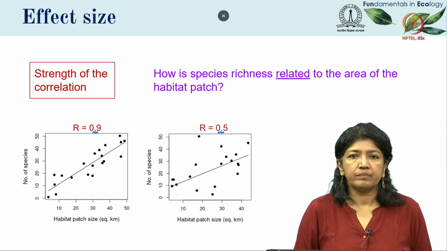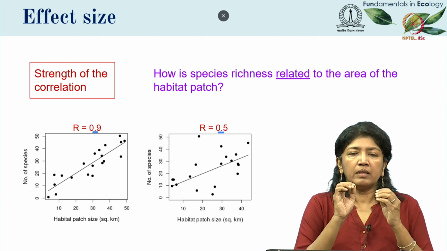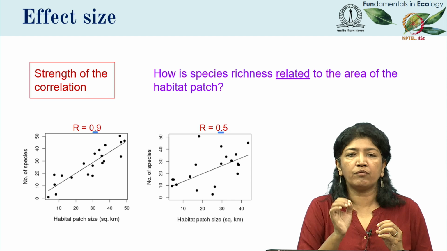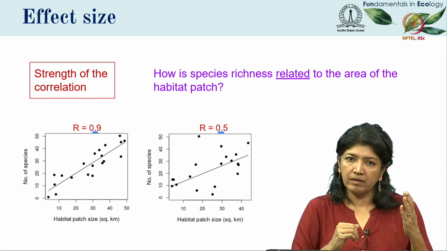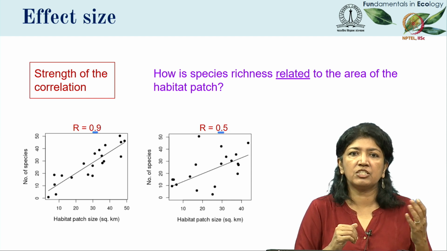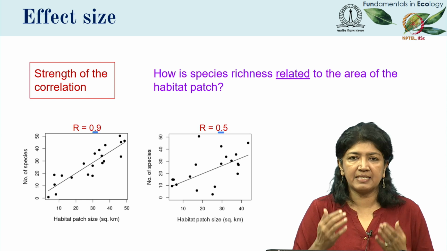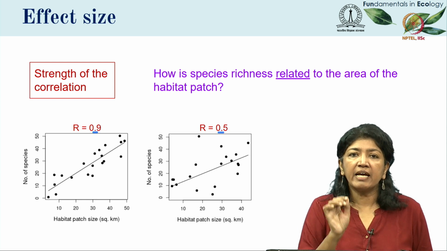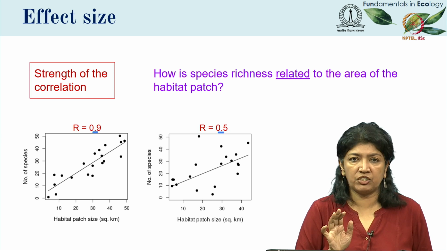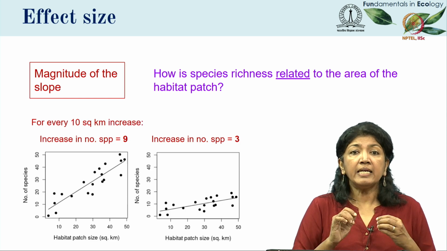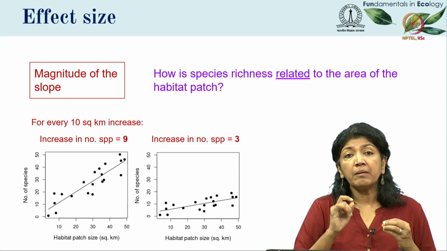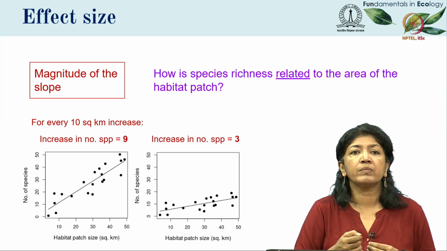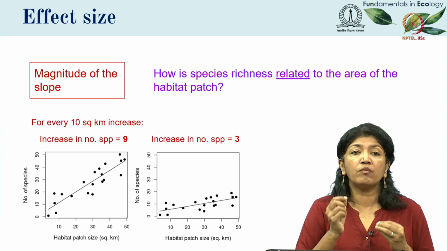So, here the effect size is the strength of the correlation between number of species, species richness, and the habitat patch size. However, for a question like this, just the strength of the correlation may not be sufficient. Instead, what might be important for us ecologically to answer our question might be the magnitude of the slope.